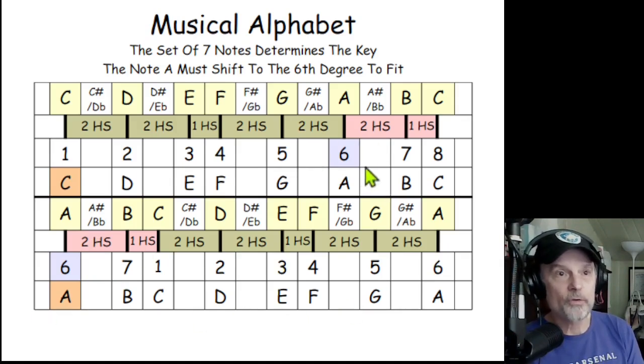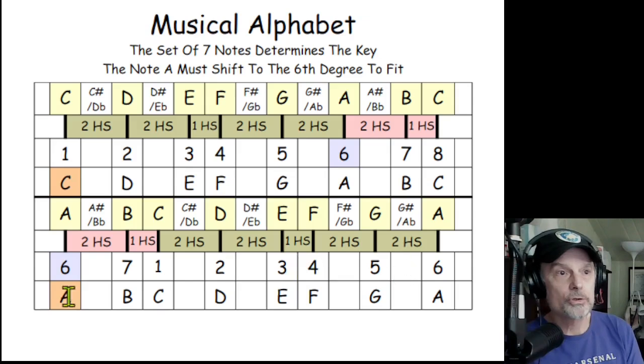I've just started from here. We see that because the pattern shifts and starts at a different degree, it has a different order, but the pattern is the same if we recognize the circular nature of music.